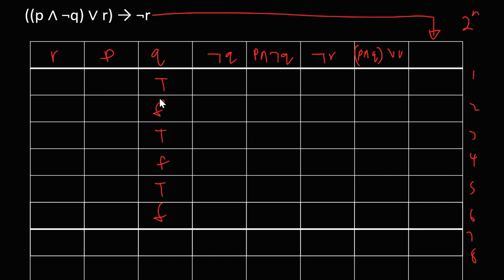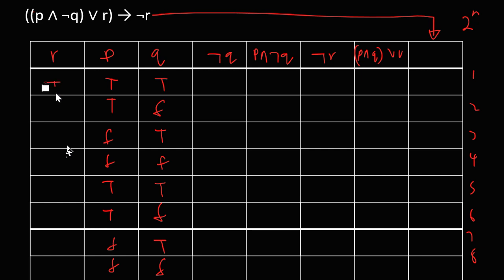So it's going to be true, false, true, false, true, false, true, false. Then this one is going to be true, true, false, false, true, true, false, false. You get the pattern? This was alternating in ones, these are alternating in twos, these will be alternating in, obviously, fours.